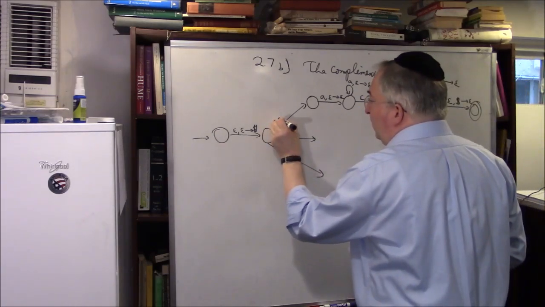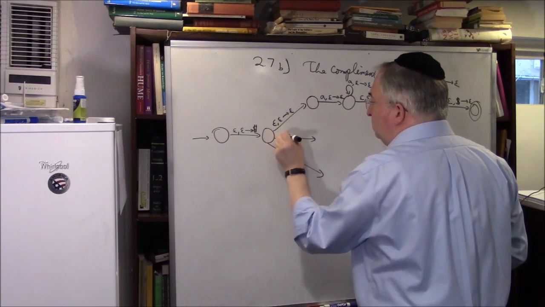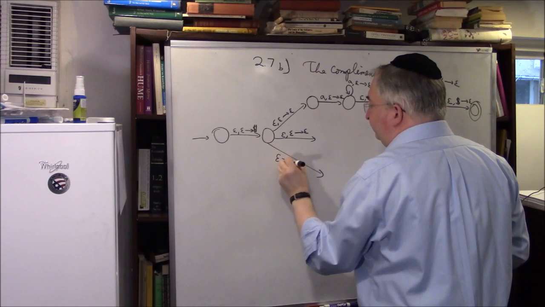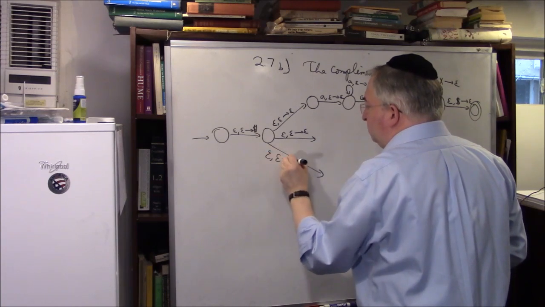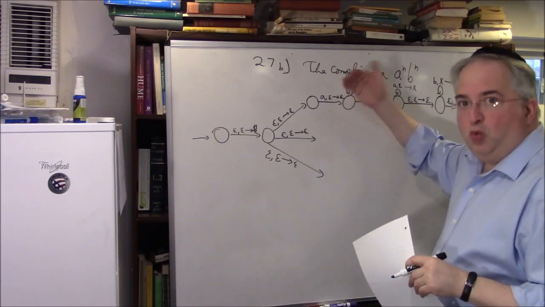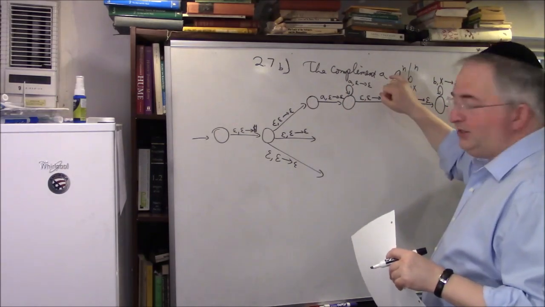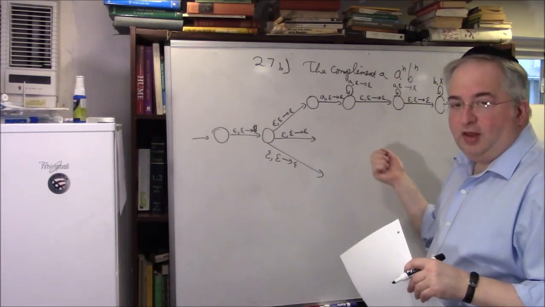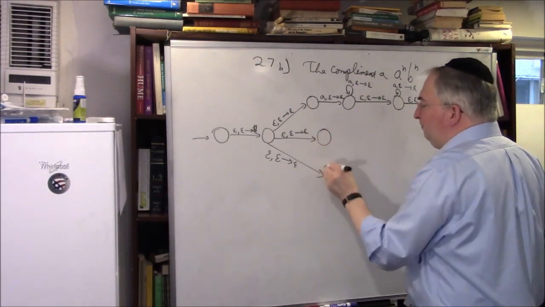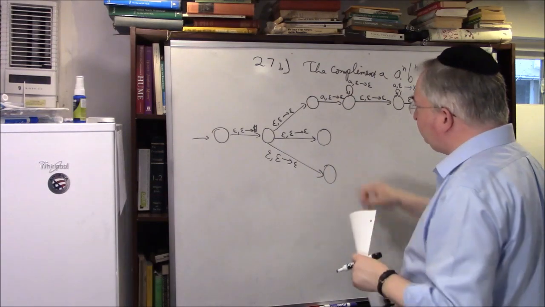These are all epsilon moves. Okay. So we don't know what it is, more A's than B's, more B's than A's, or the BA. So we have to try all three of them. Well, let's go through this again.